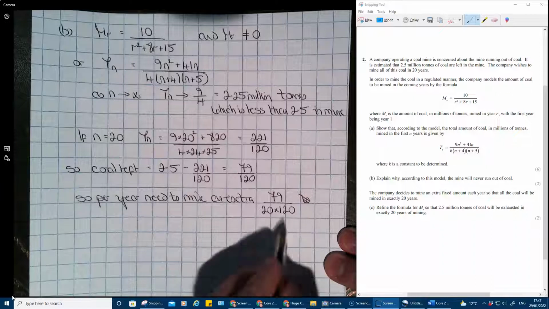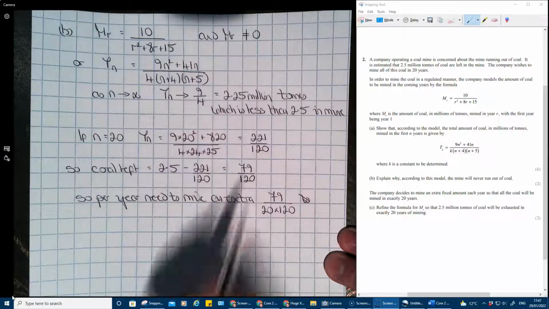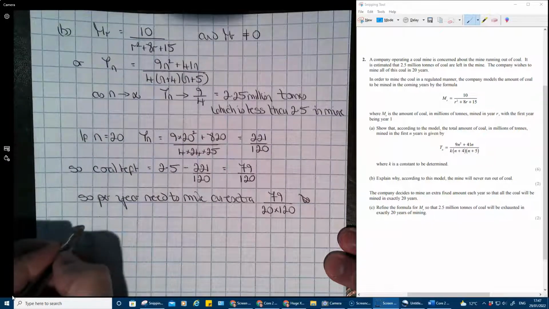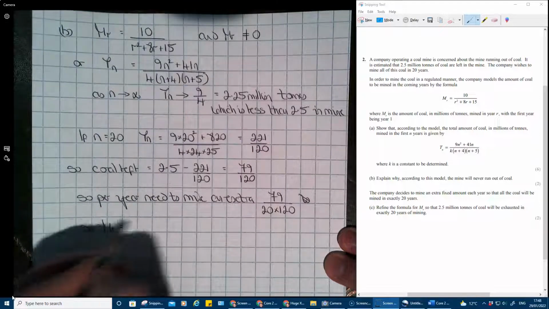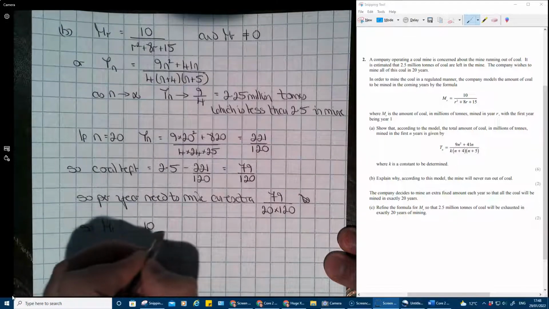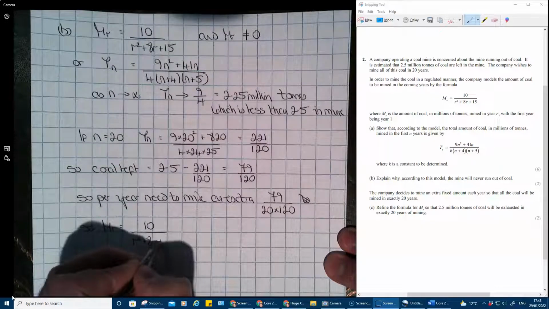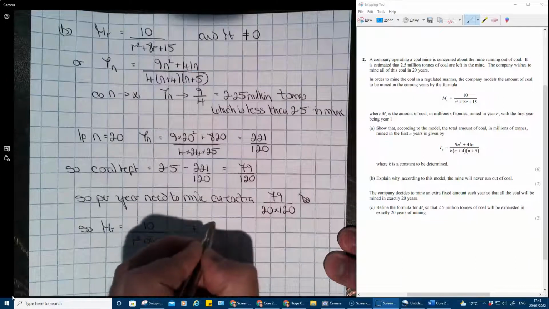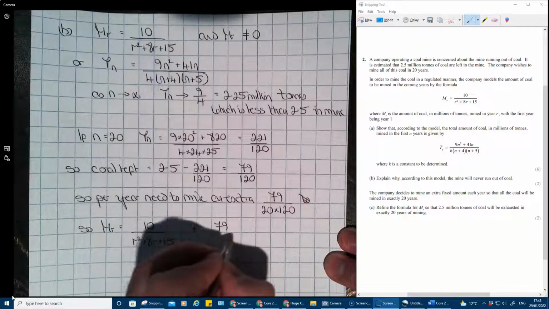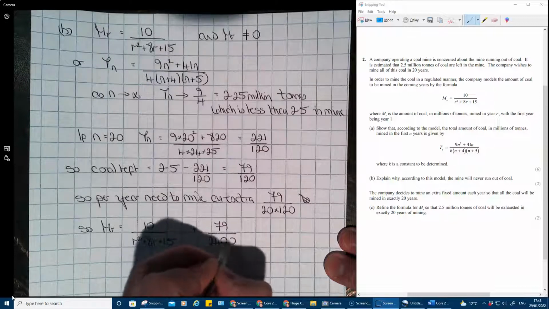Okay, that's how much we need to take out each year. Over 20 years that will give us this, and that plus that will give us the whole lot. So our new model is going to be the old model, which was 10 over R squared plus 8R plus 15, plus this bit extra we're going to take out, so we know after 20 years the mine is empty.